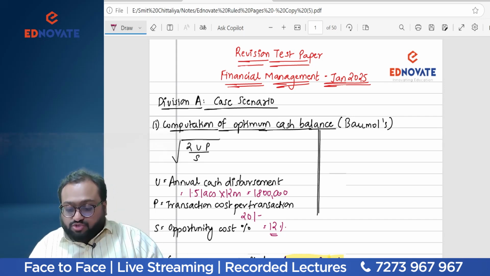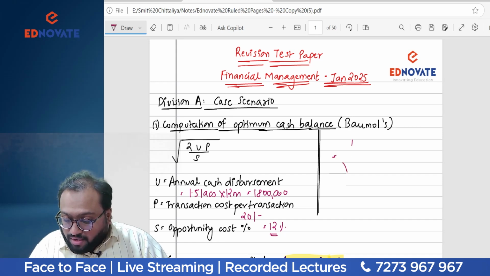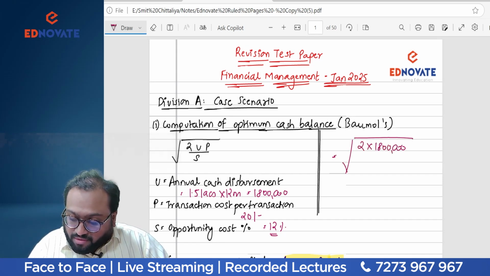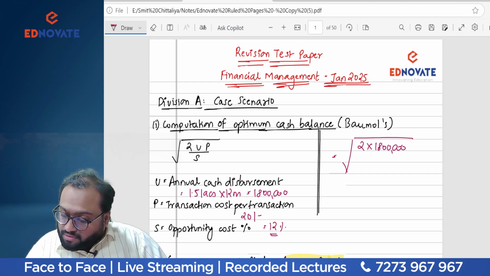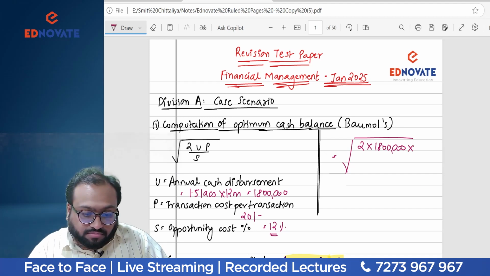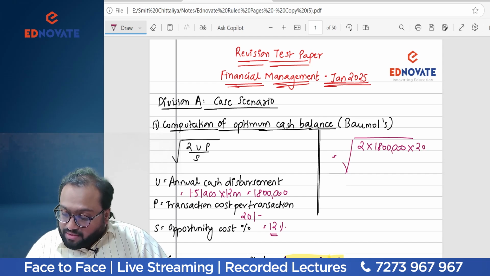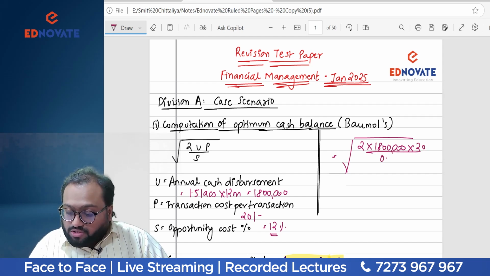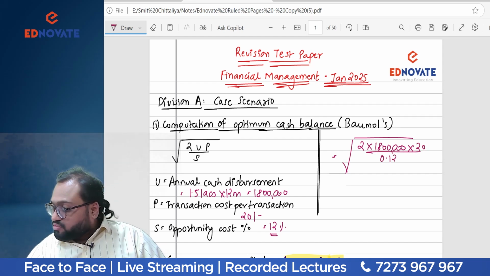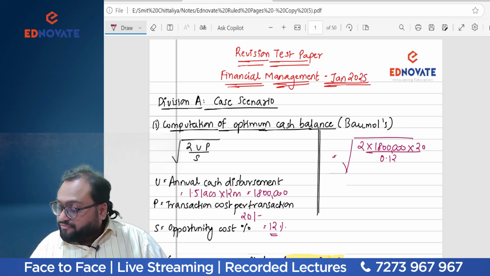So putting all these variables in the formula, root of 2 into 18 lakhs into my P, the transaction cost, 20, divided by my opportunity cost, 12%. If I use this formula, I'll get something like 24,495.